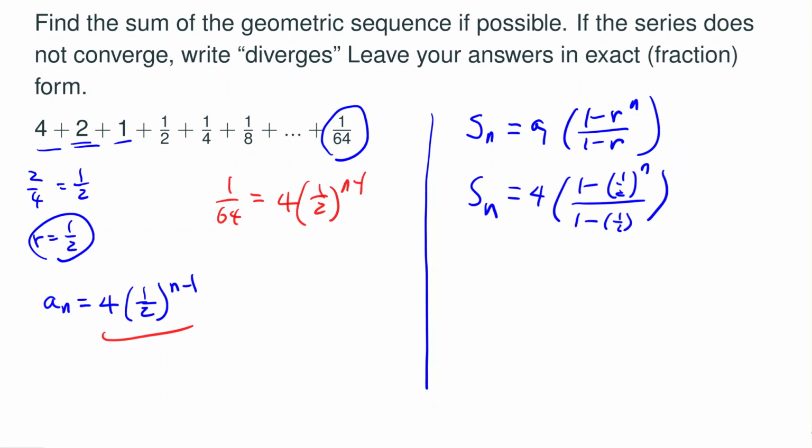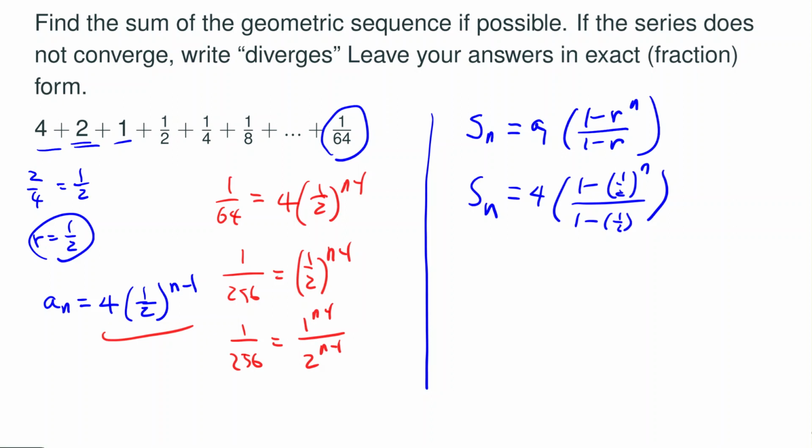So let's divide by 4 on both sides. Then I get 1 over 64 times 4 gives us 256 equals 1 over 2 to the n minus 1 power. So here we can write it as 256 equals 1 to the n minus 1 power over 2 to the n minus 1 power.